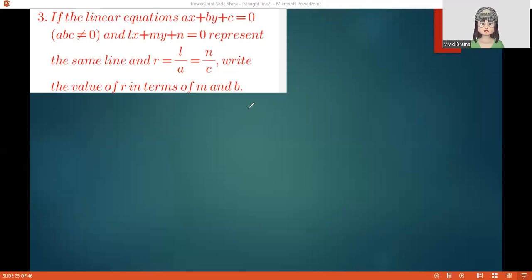Here you can observe ax plus by plus c is equal to 0, and lx plus my plus n is equal to 0. These two represent the same line, right?